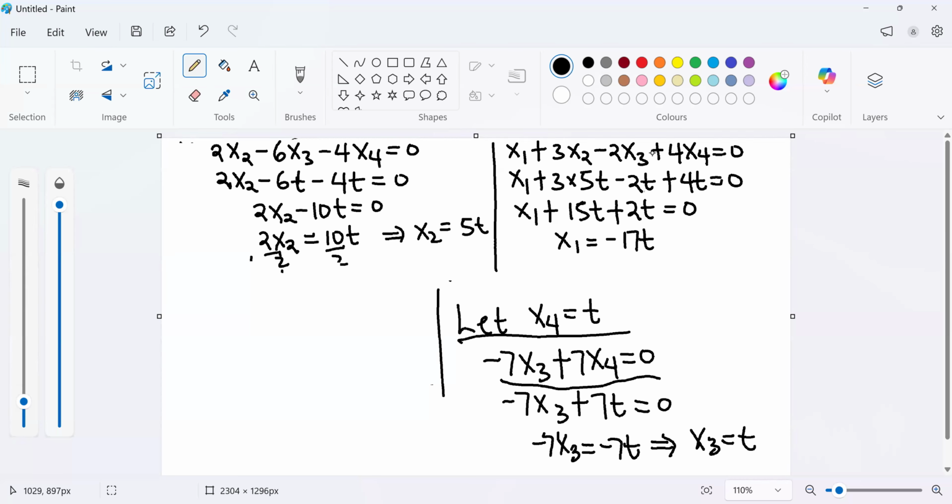So what do I have here? I have x1 is -17t, x2 is 5t, x3 is t, and x4 is t.